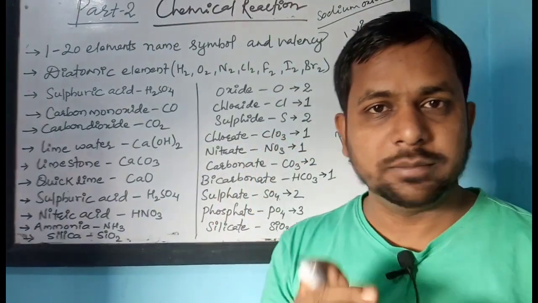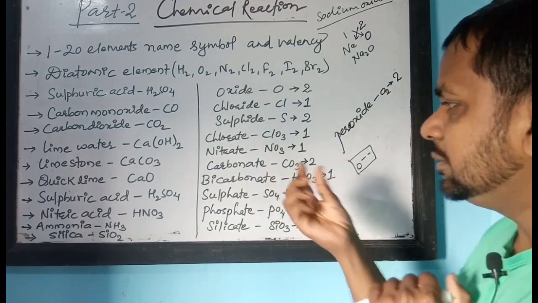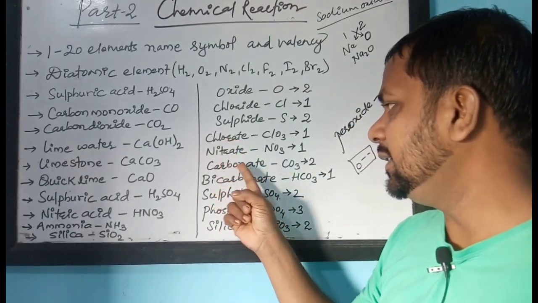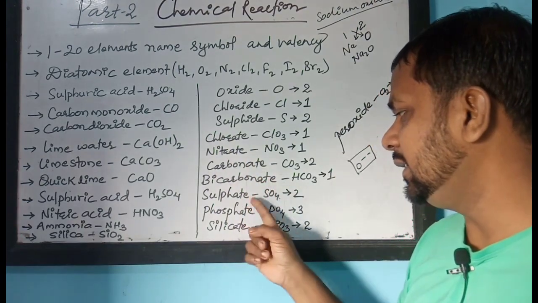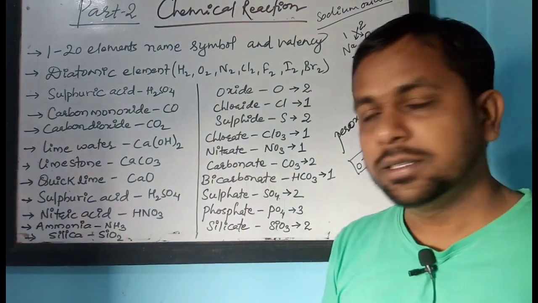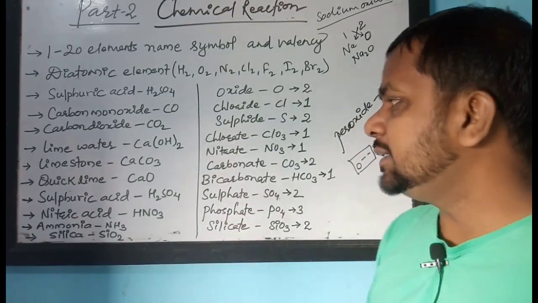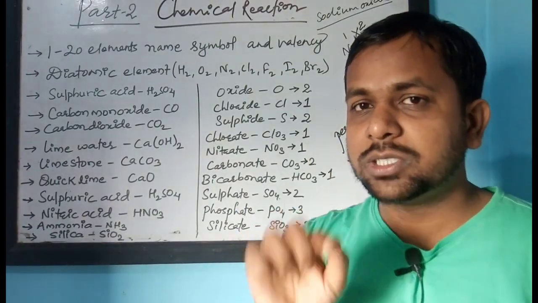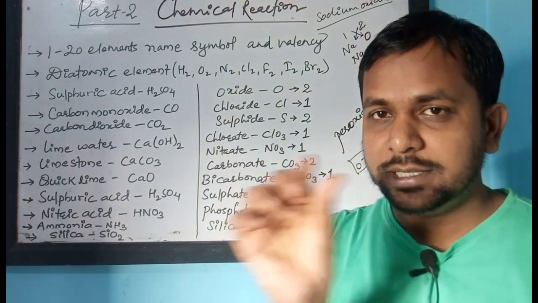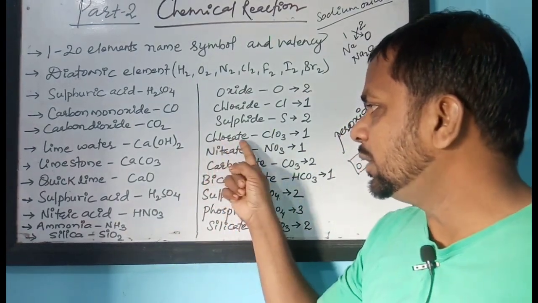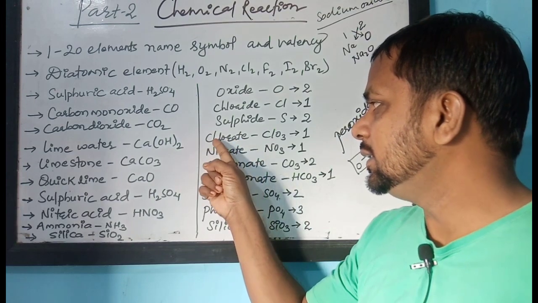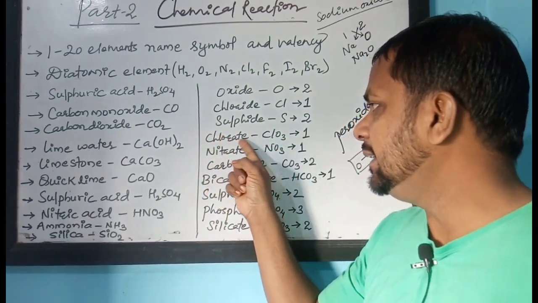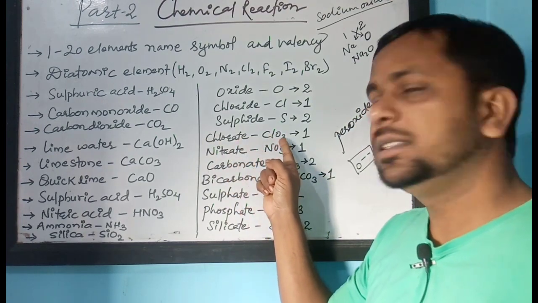If you can memorize it, or you can use some tricks also. Wherever ate is written, observe this ate, there is oxygen 3 in most of the cases. Suppose here is chlorate, it is coming from chlorine, so Cl is here and ate is here, so oxygen is 3 here.